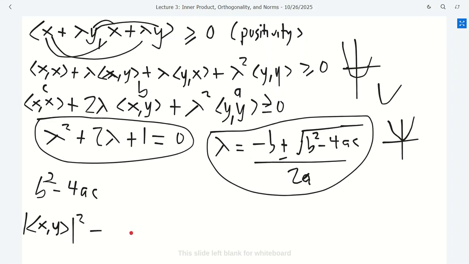Let's neglect the 4 because it's just a scalar. This is our A, and this is our C. Because of symmetry, I can bring the A first or the C first.